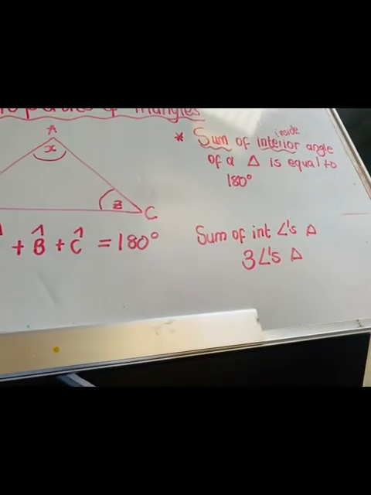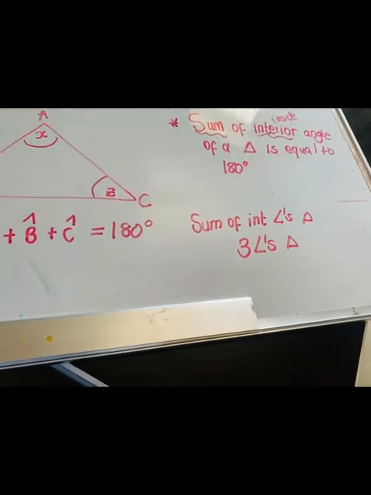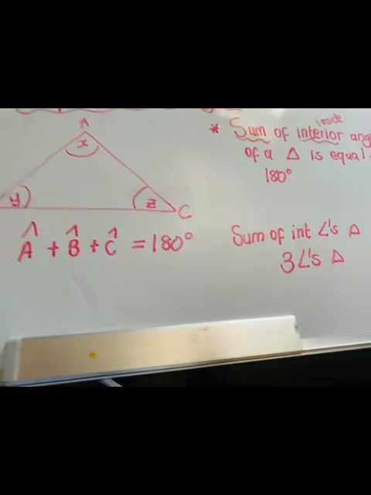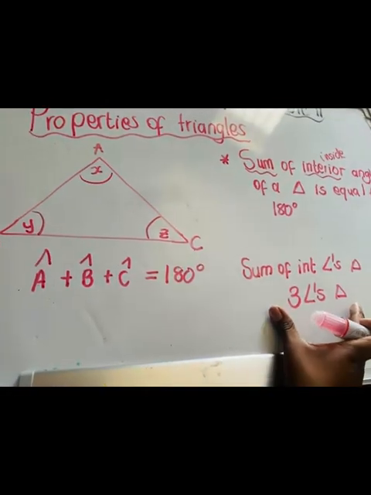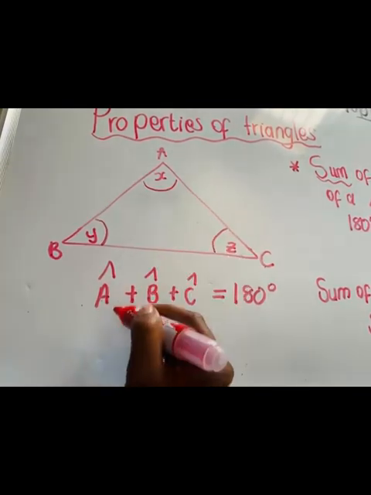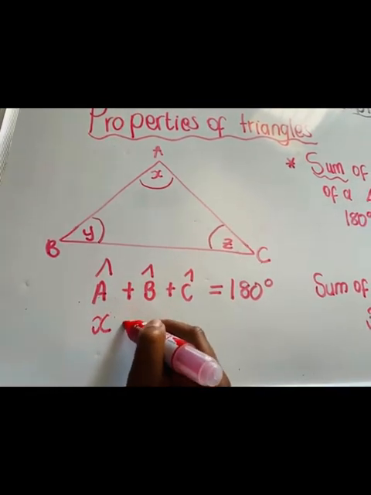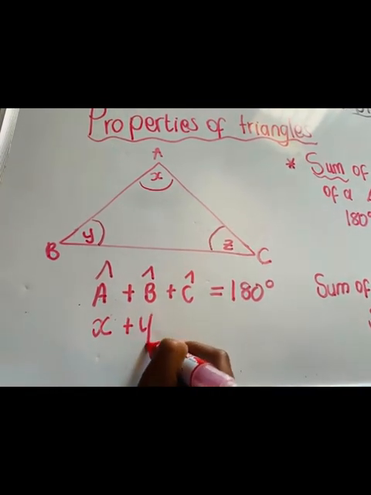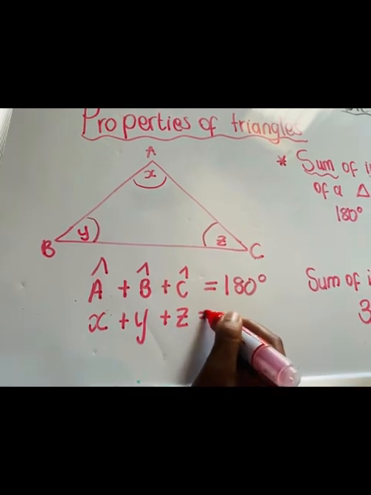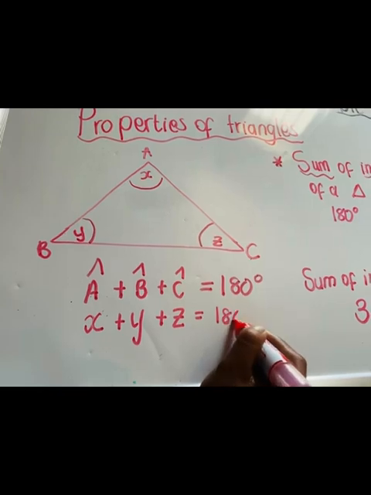So you can say sum of interior angles of a triangle, or you can use 3 angles of a triangle. So this is our reason. Right, so now we're substituting. So angle A is X, angle B is Y, angle C is Z, which is equal to 180 degrees.